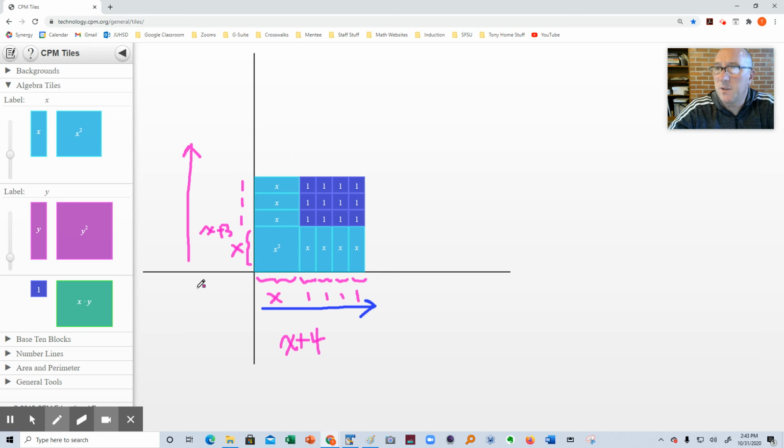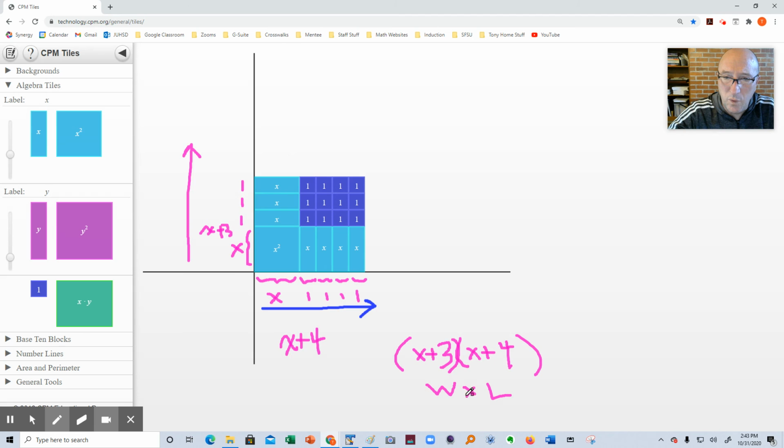So those are the dimensions of this quadratic. It's x plus 3 tall, and, oopsie daisy, it's x plus 4 wide. This is the length, and this is the width.